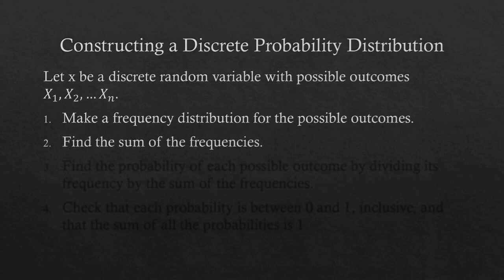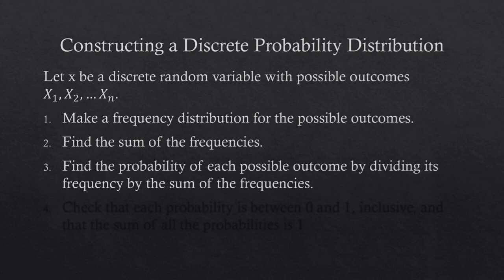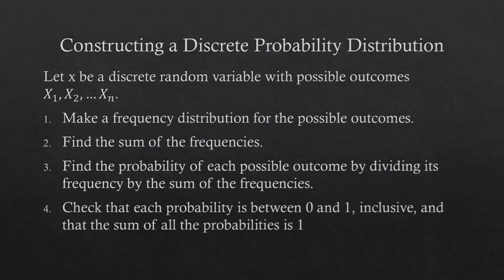Second, find the sum of the frequencies. Third, find the probability of each possible outcome by dividing its frequency by the sum of the frequencies. Fourth, check that each probability is between 0 and 1 inclusive and that the sum of all probabilities is 1.